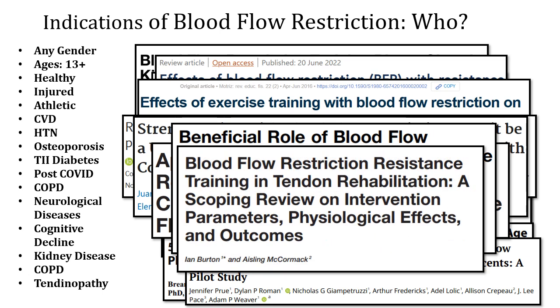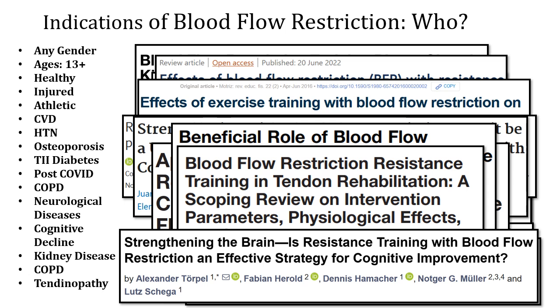And then looking at tendon rehabilitation, as I mentioned, the connective tissue benefits go extensively beyond just the muscle. And even considering the increased lactate response and the hyperconcentration of metabolites, there's also been shown to be cognitive and neurocognitive benefits from BFR.